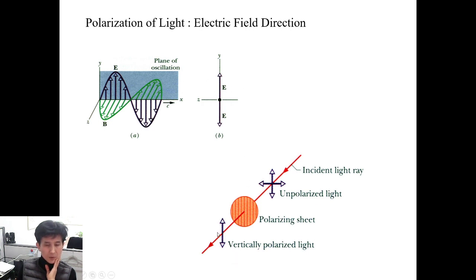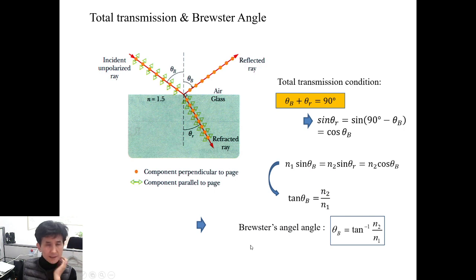So we can think about two possibilities. Unpolarized light has two electric field components, but polarized light has only one electric field component. That is called polarized light.